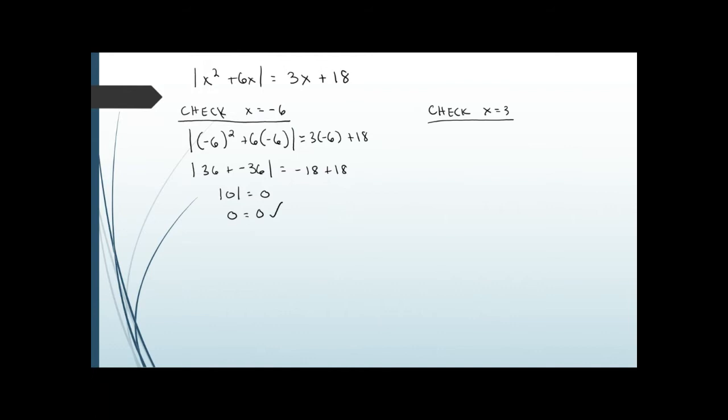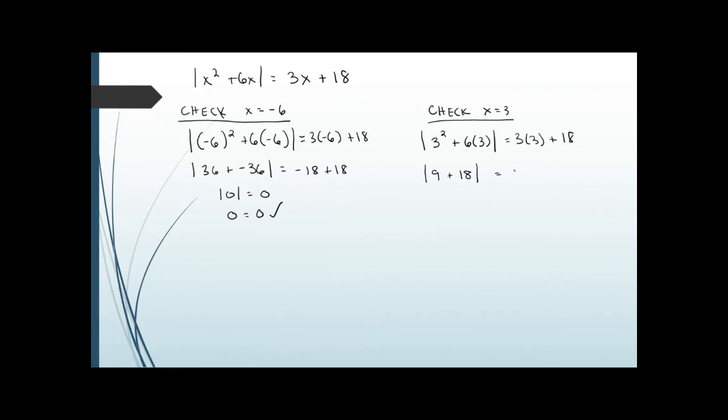So I'm going to plug 3 in for x. So that's the absolute value of 3 squared plus 6 times 3 equals 3 times 3 plus 18. So 3 squared is 9. 6 times 3 is 18.